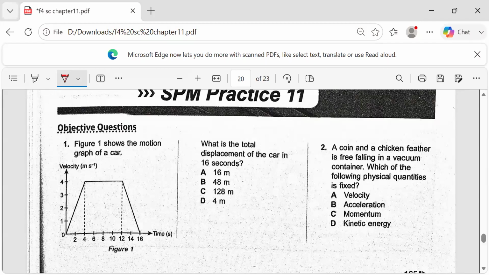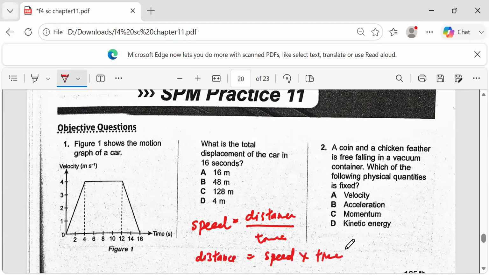Do you know how to do question one? Distance. So velocity or speed is distance over time, right? So if we want to calculate distance, it is speed multiply time, correct?